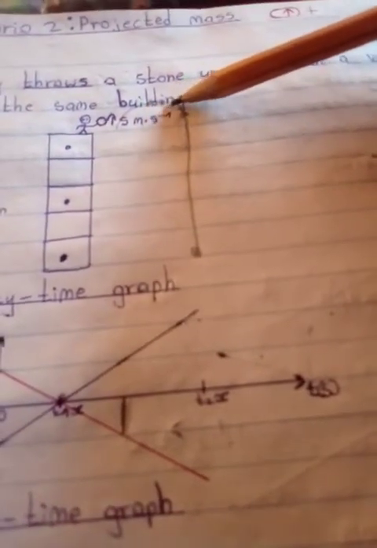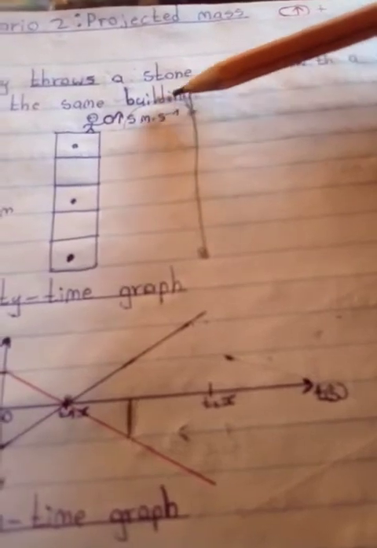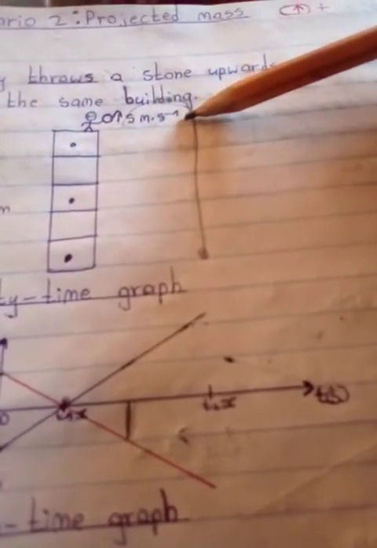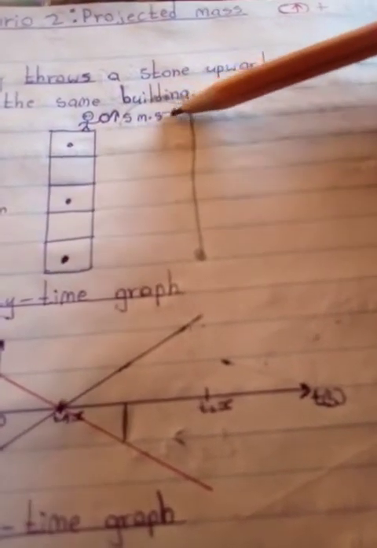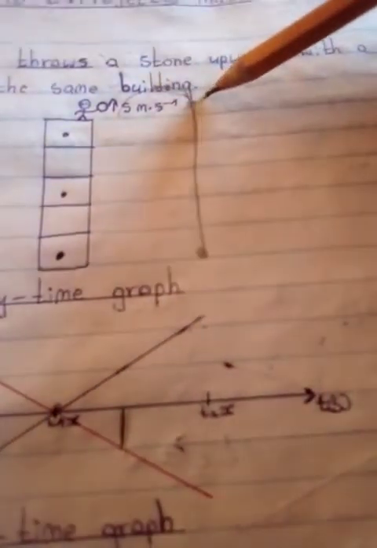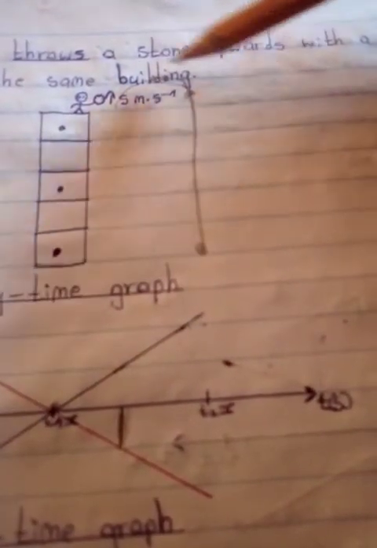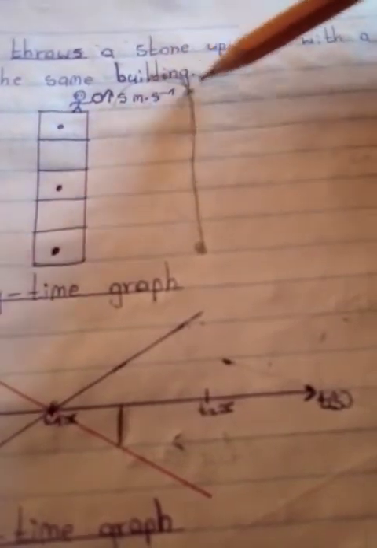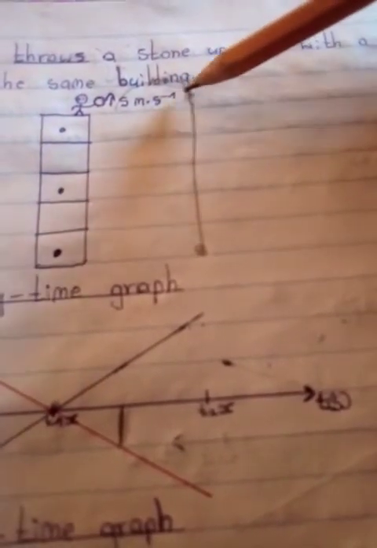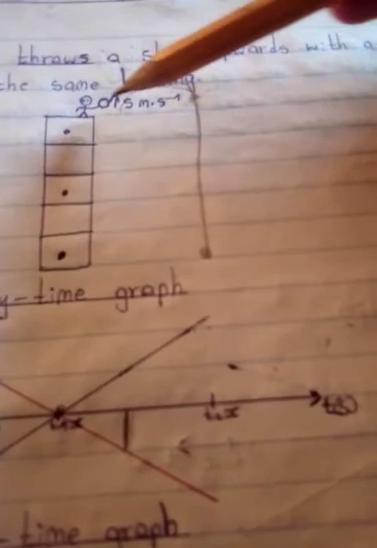After that, it starts to fall. It will fall another 10 meters to where it started, but here it will be -10. Positive 10 plus -10 will give you 0. That's why the displacement here is 0.